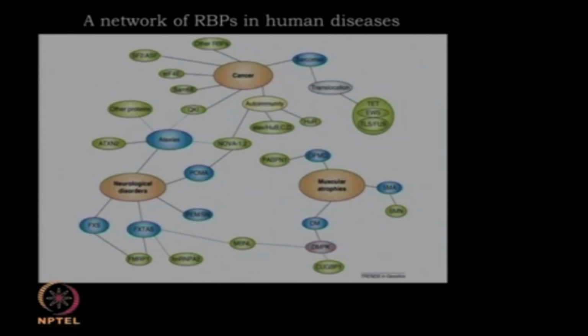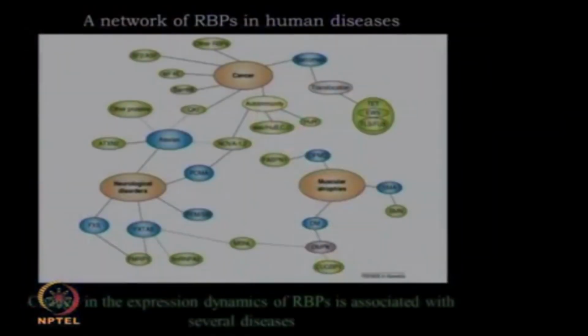Another example of misregulation of an RNA binding protein happens in OPMD, which is another kind of muscular atrophy. In this disease, there is a GCG repeat expansion in exon 1 of an RNA binding protein, which is a poly A binding protein called PABPN1.